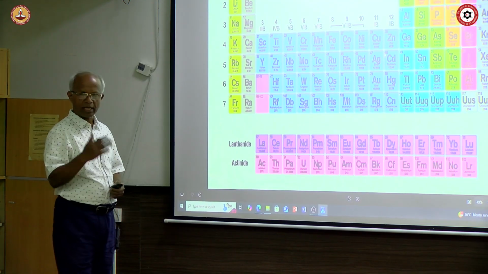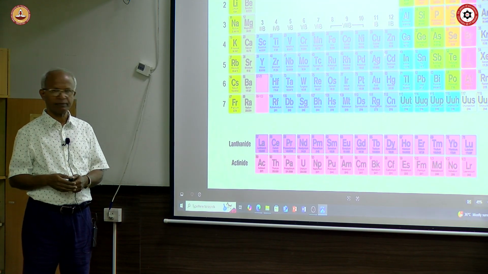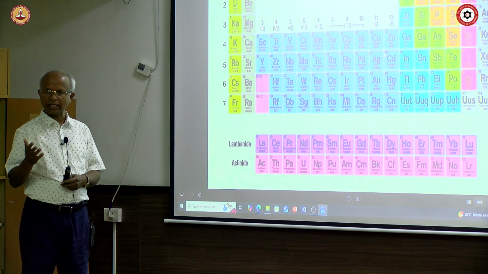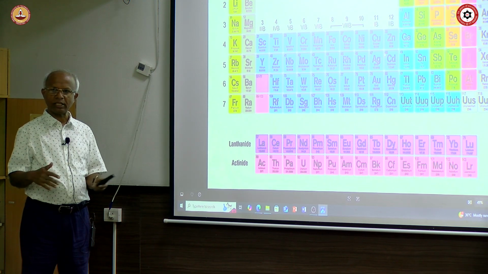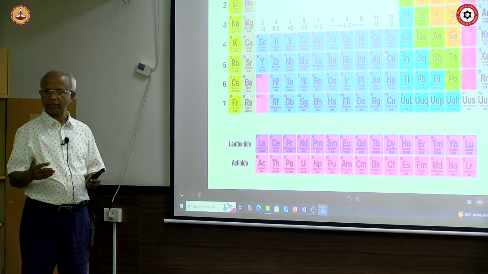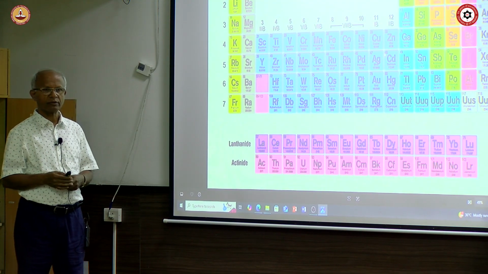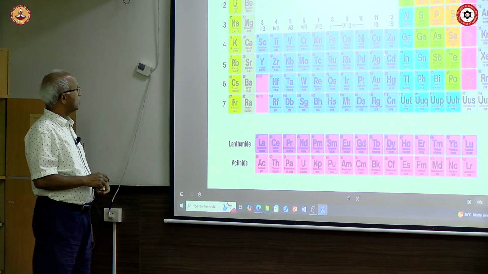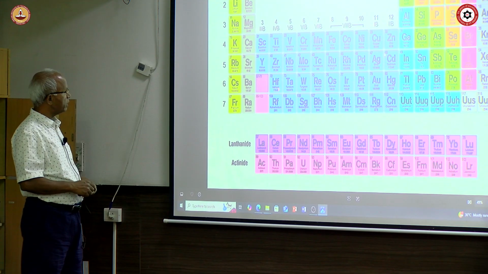Sometimes people do study other +3 and +2, but they are not stable. So when I say classical, these are the very stable ones, and the chemistry is done in water or an aqueous protic solvent. It can be ethanol, methanol, right? They all contain hydrogen. So titanium, +4. Similarly zirconium and hafnium.